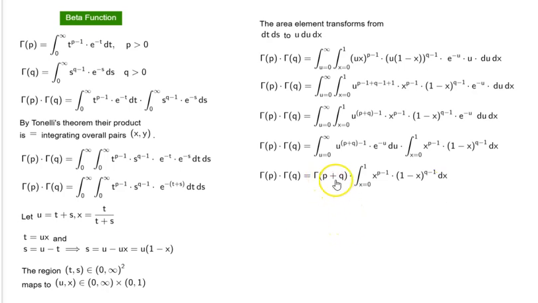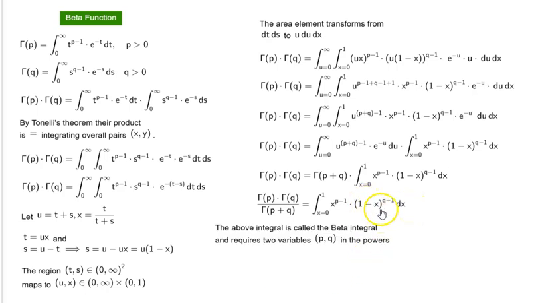Now we can take this gamma of p plus q to the other side. So we end up with gamma of p times gamma of q by gamma of p plus q is equal to the integral from 0 to 1 of x to the power of p minus 1 times (1 minus x) to the power of q minus 1 dx.